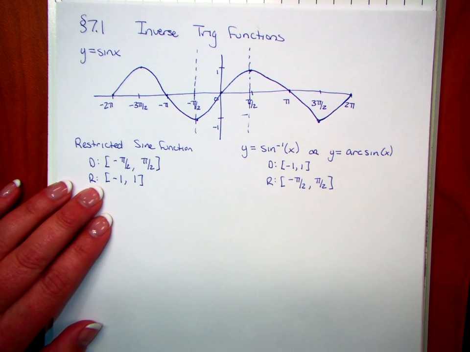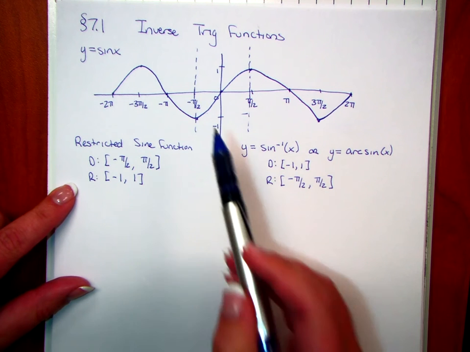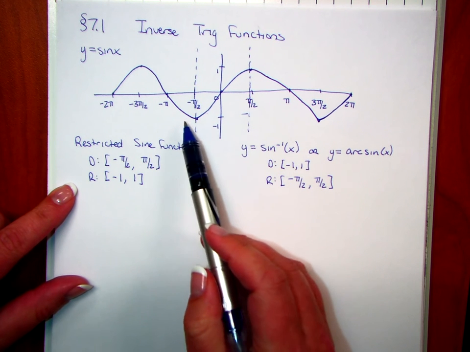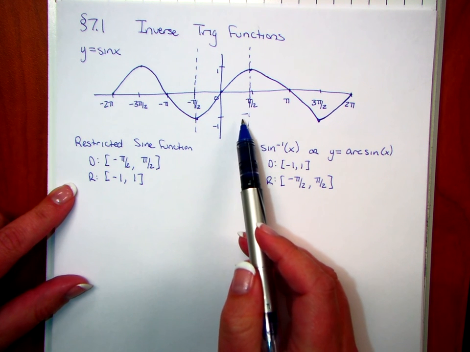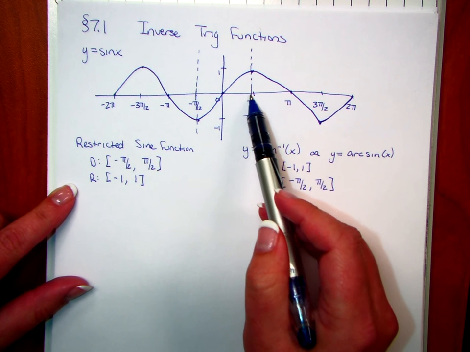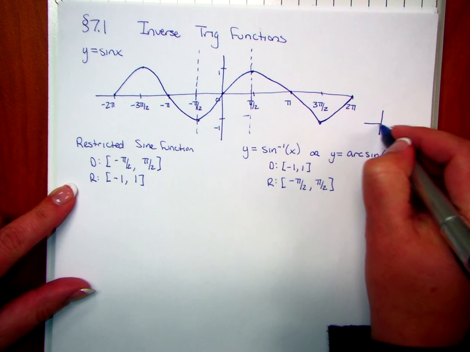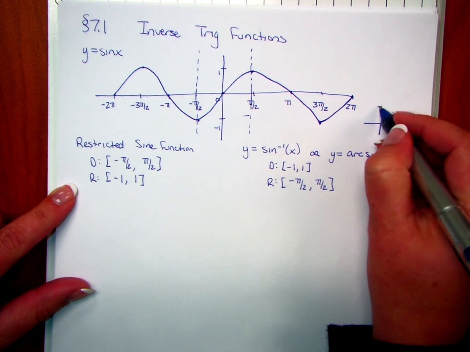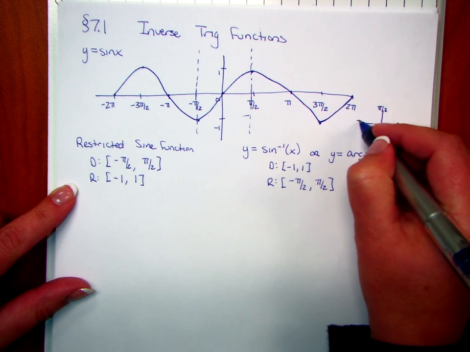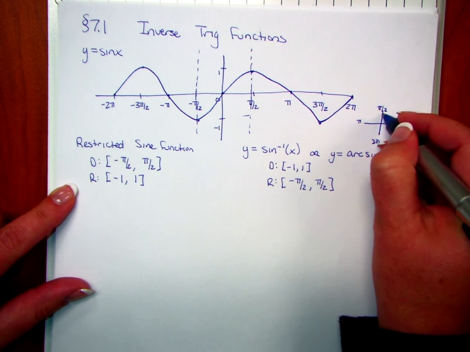Now, what I'd like you to realize is that this restriction correlates to 2 quadrants on the unit circle. If we go from 0 to pi over 2 on the unit circle, I'll draw a unit circle here, pi over 2 to pi to 3 pi over 2.